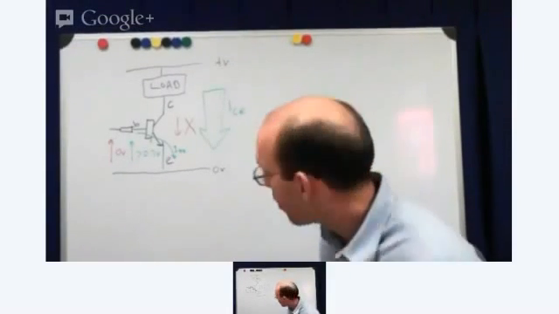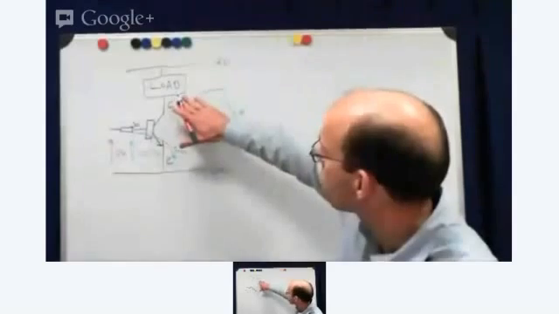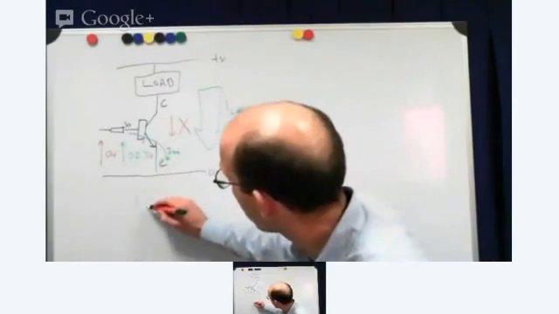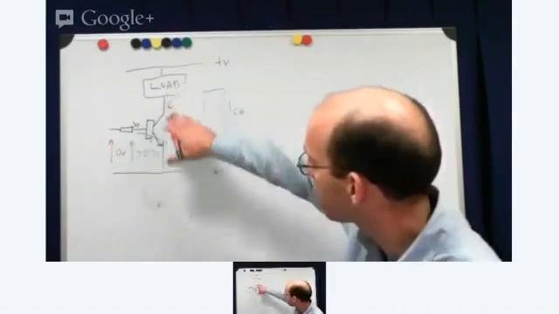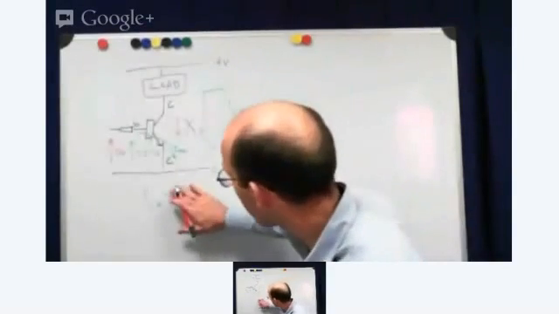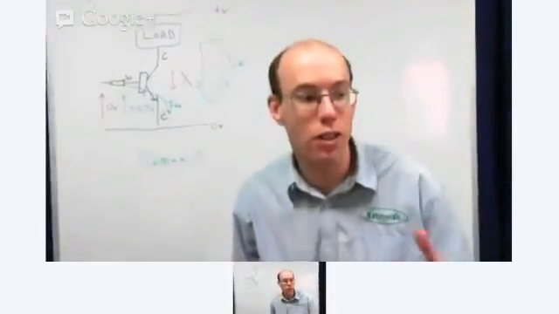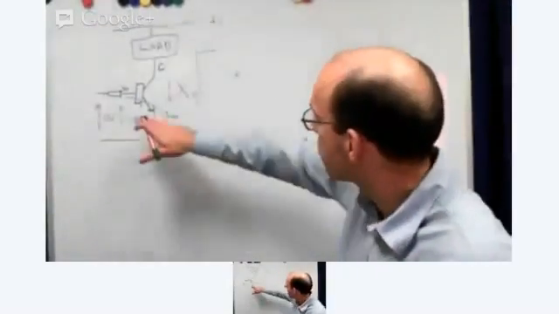Now, there is something you probably don't need to worry about too much, something called the gain. We've got a maximum amount of current that can go through here. That current, ICE, the collector emitter current, max, is going to be given by the gain and the input amount of current.